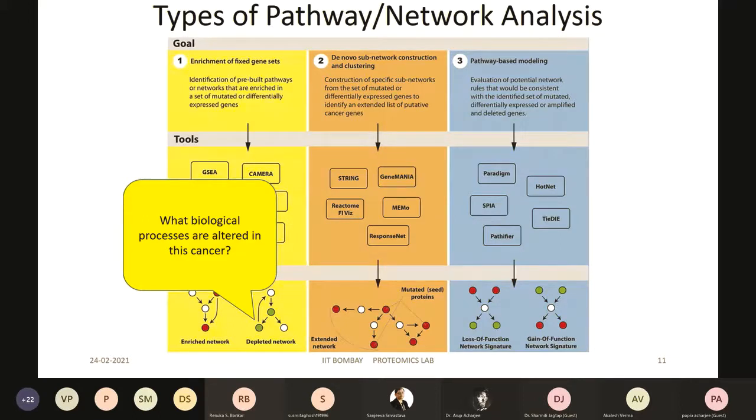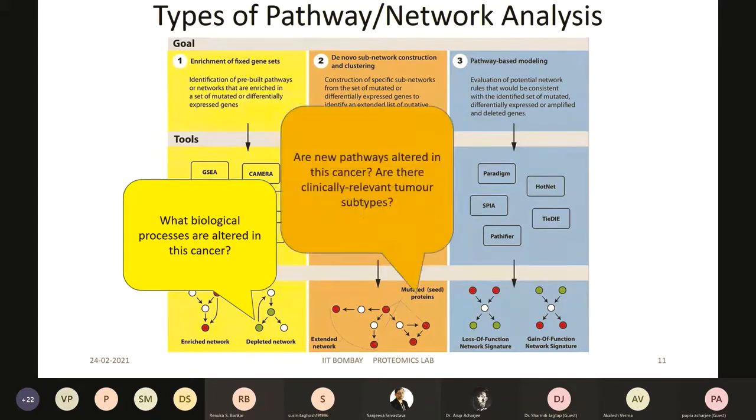If you are talking of enrichment of fixed gene sets, which we would be doing, then we would get to know what biological processes are altered in this cancer. Whereas if you do a de novo subnetwork construction and clustering, you would know: are new pathways altered in this cancer? Are there any clinically relevant tumor subtypes? So you see, the biological question you're asking is changing.